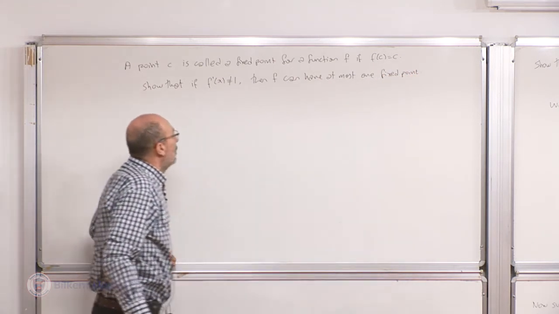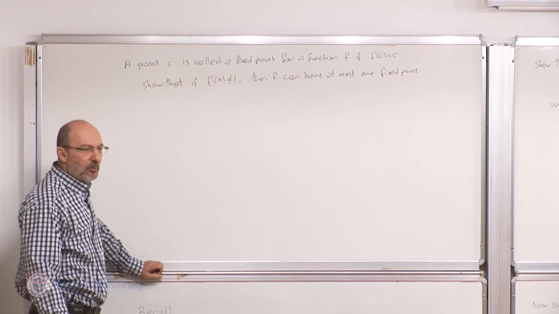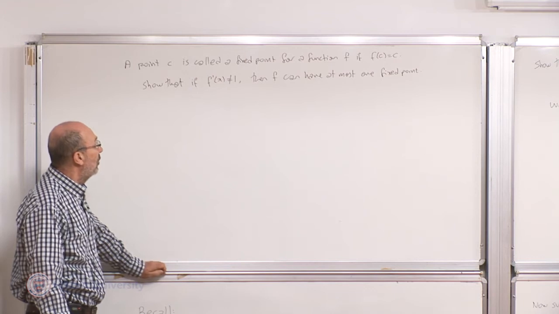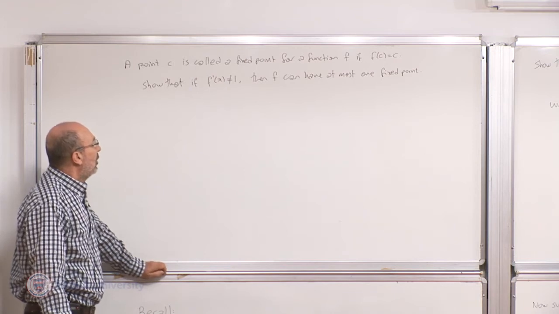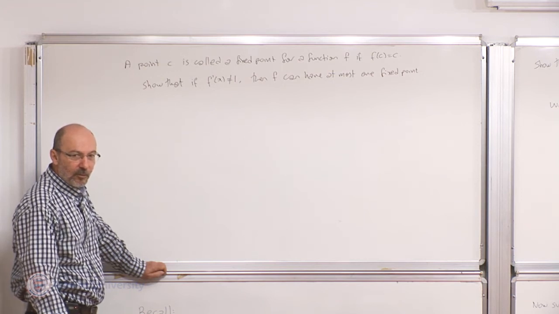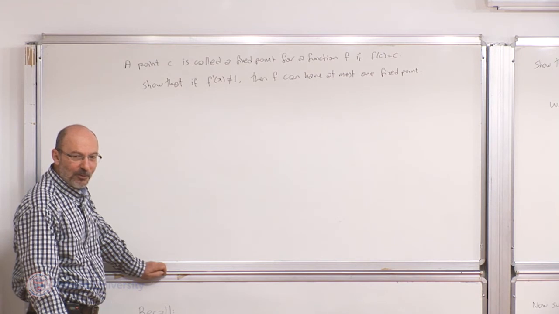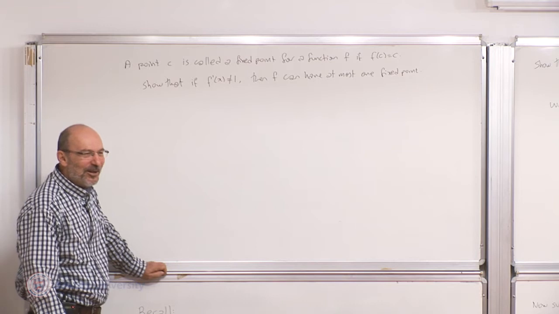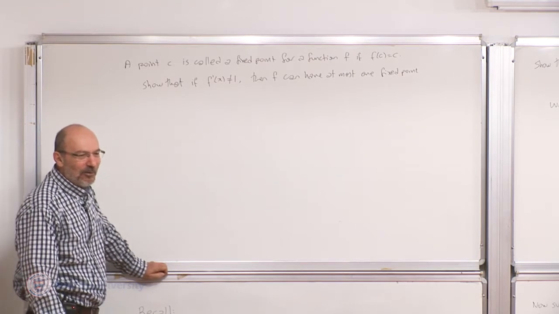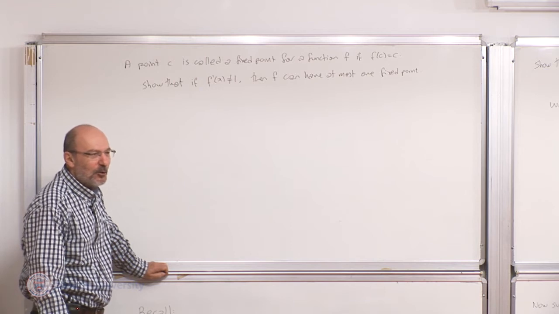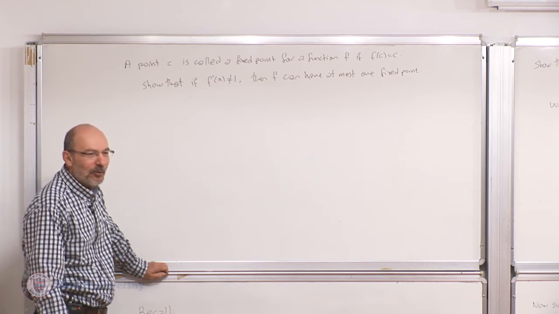In most cases, a function will not have a fixed point. For example, you can say f of x equals 5 times x. Does it have a fixed point? Well, how about 0? Think of a function which doesn't have a fixed point. Well, most functions don't have fixed points, so think about one of them.